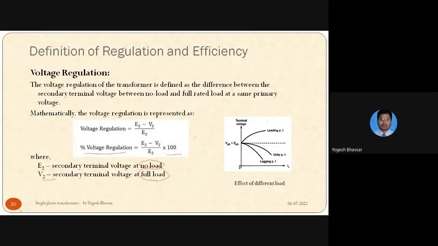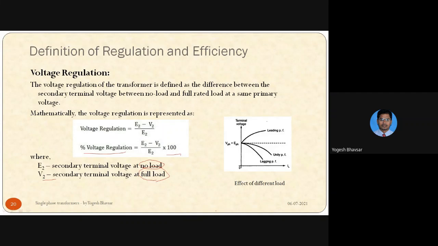Now look at how. Ideally, what should be there? There should be no losses, and if no losses are occurring, then E2 is equal to V2. Whatever the no load voltage, the same is the full load voltage. However much the load is increased, the voltage should remain the same, there should be no drop. This is the ideal case, but practically this does not happen. The voltage regulation will have some values like 2%, 4%, 5%, 10%, even 15%.